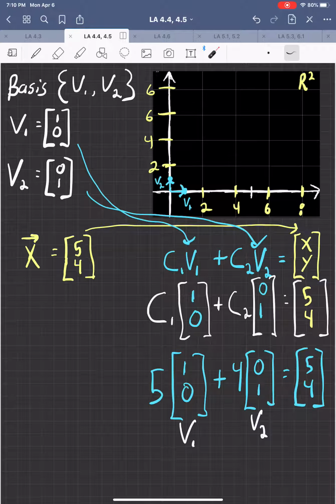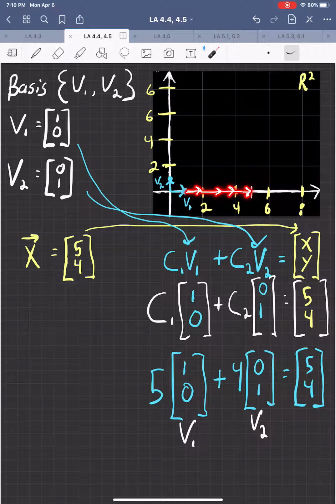But do you see that really, to get to 5, I'm going to try my best to hold my stylus here for a second. When we move to, do you see how really that is 5 V sub 1s? V sub 1 in this case is a unit vector pointing in the positive x direction.